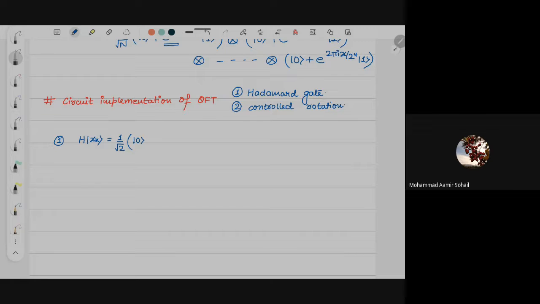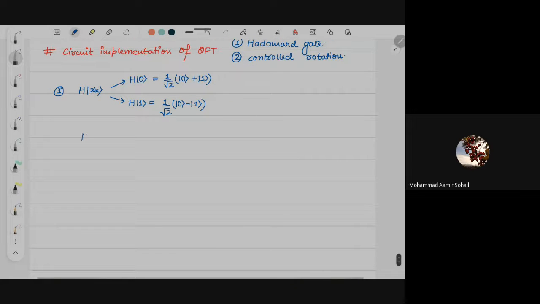So if you have H of 0, this will be 1 by root 2 times 0 plus 1, that is the plus state. And if we have H of 1, then we will have 1 by root 2 times 0 minus 1. But in general we can write it like this also. Let's say a simple x, just a general one. We don't know about xk, but in a single form we can get either of these two states.